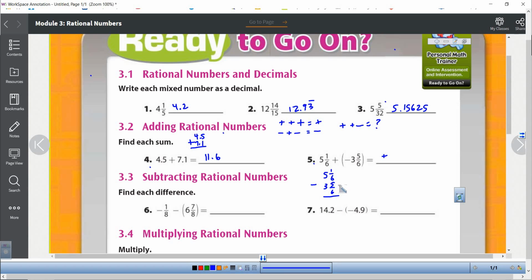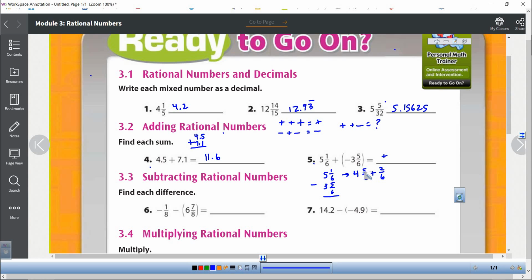All right, now we've learned some different ways to do that. If you did those iReady lessons, what we did was we took this apart and broke it up, and we said, well, 5 and 1/6, I can write that as 4 and 5/6. Now, if you're wondering why 4 and 5/6, it's because I have 3 and 5/6 here, and this is 5 and 1/6, which means I need 2/6 more.